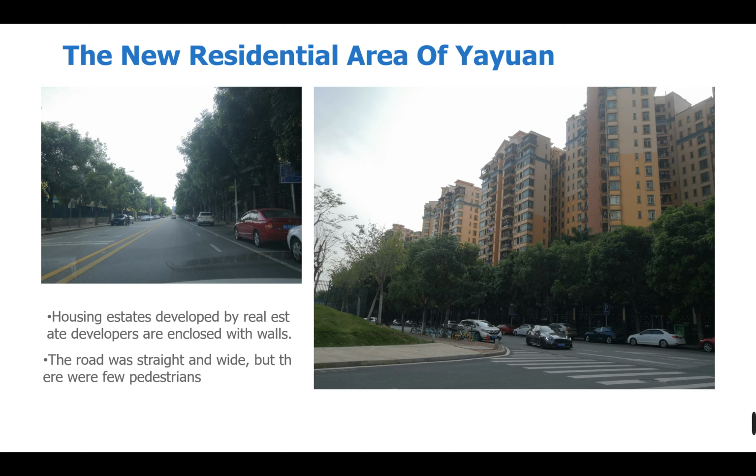In addition, the wall of the community effectively protects the residents, but is a rejection for pedestrians. There is no storefront facing the street, and there is no line of sight into the street.